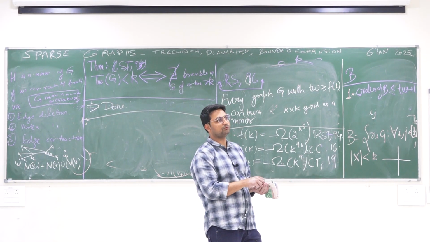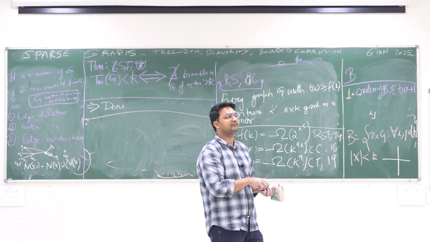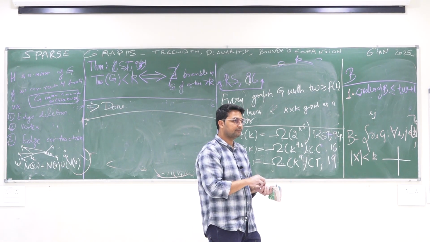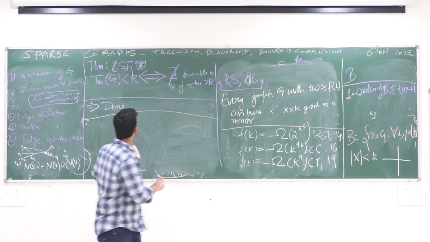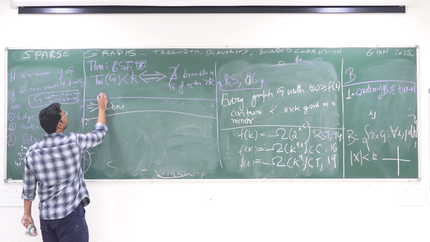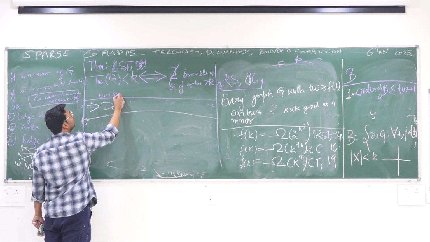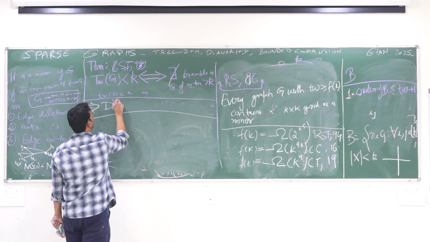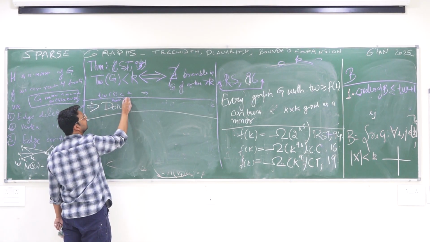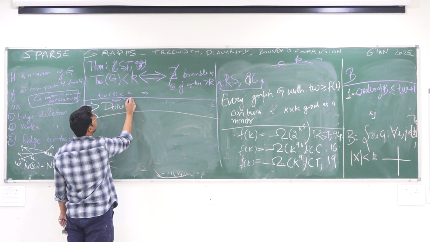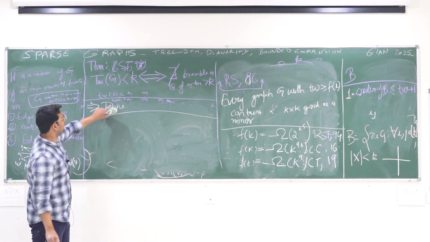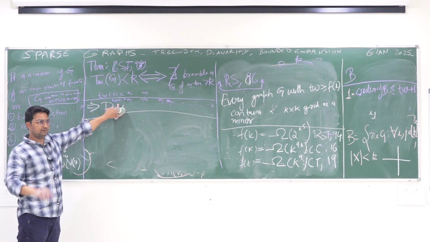And I have already proved that treewidth is less than or equal to k yesterday in the tutorial. So the contrapositive of that: treewidth less than or equal to k implies no Bramble of this order. So the contrapositive is: I have a Bramble of order k, then treewidth is greater than or equal to k. This is the contrapositive that we have proved yet.